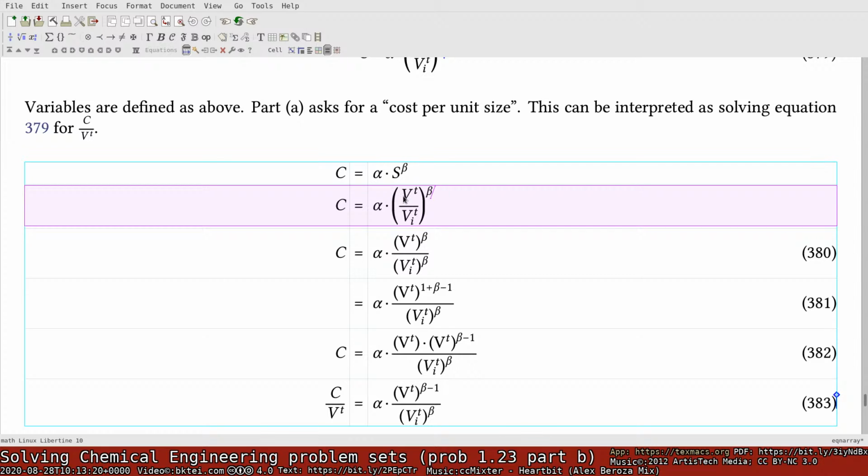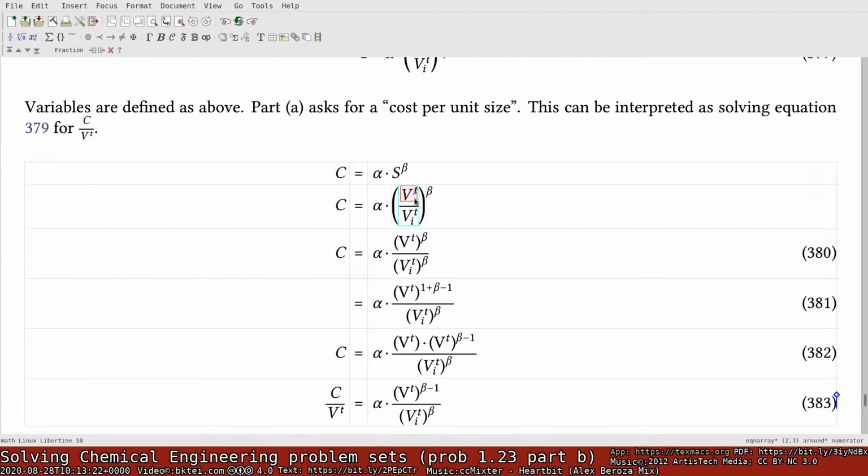We need to plug in and replace this thing. How do you show that beta is equal to a certain number?